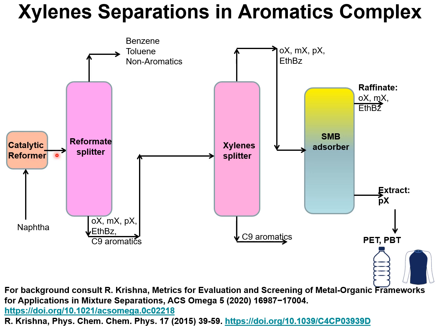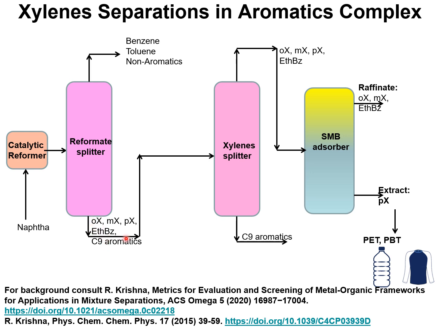The products from the catalytic reformer are sent to a raffinate splitter in which the top product consists of benzene, toluene, and some non-aromatics, and the bottom product are C8 hydrocarbons, ortho-xylene, meta-xylene, para-xylene, and ethylbenzene, along with C9 aromatics.